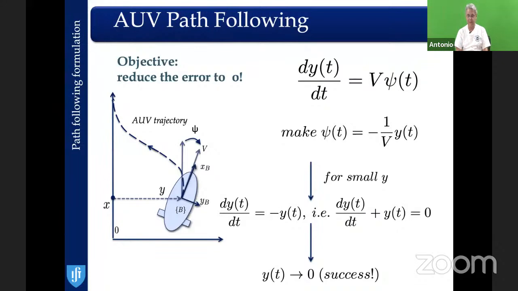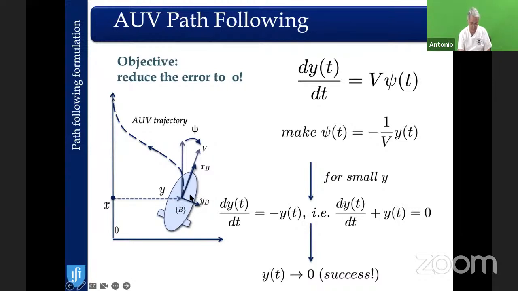If I want to drive it to 0 and I want it to satisfy a first order differential equation, then I might as well say that I would like for y of t to satisfy this differential equation. But you have this. So you choose psi so that you cancel, then suddenly you get this. This is very interesting because it essentially is telling you the following.